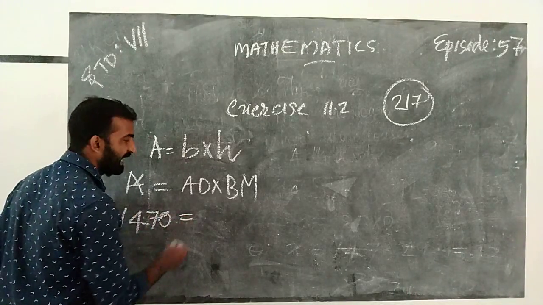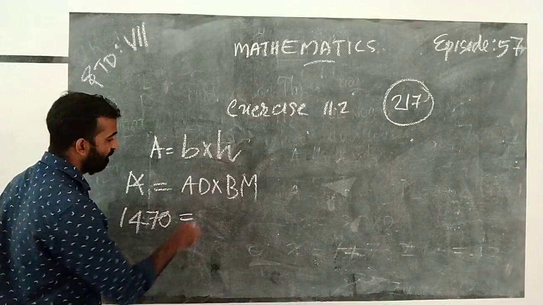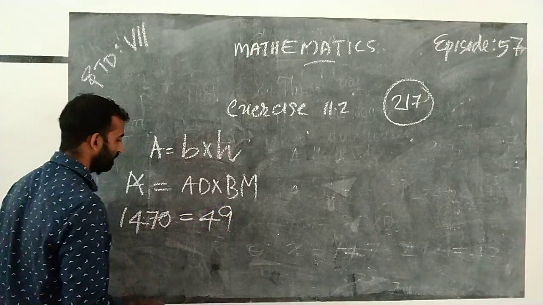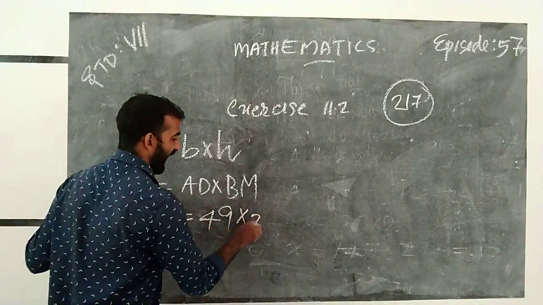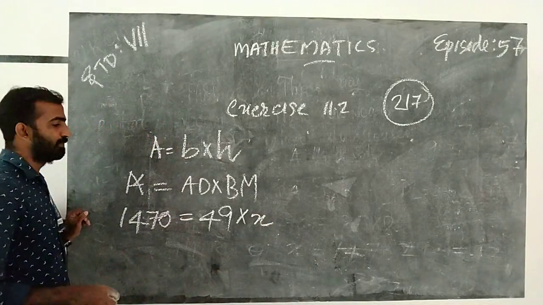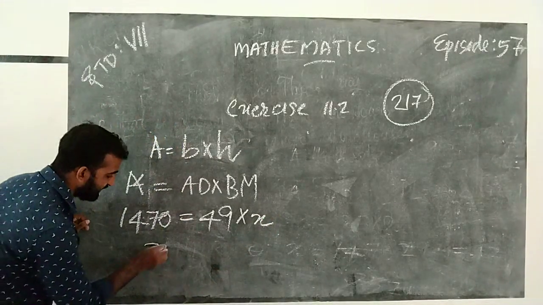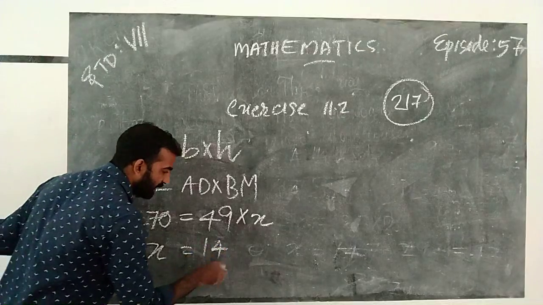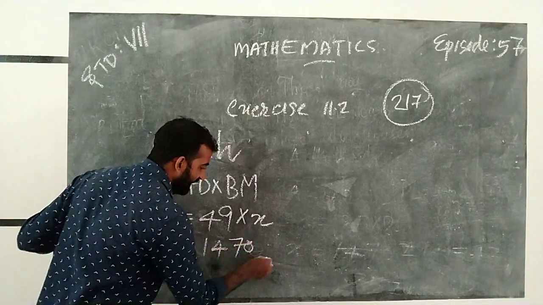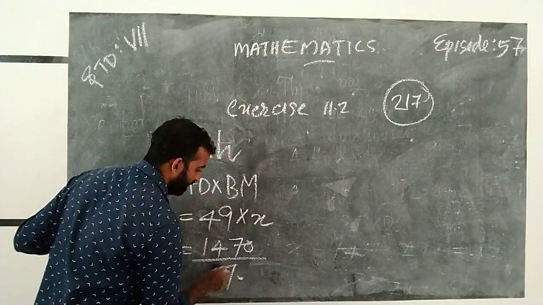1470 equal to AD, what is the value of AD? 49, into X. We don't know what BM is. That is, X equal to 1470 by 49.